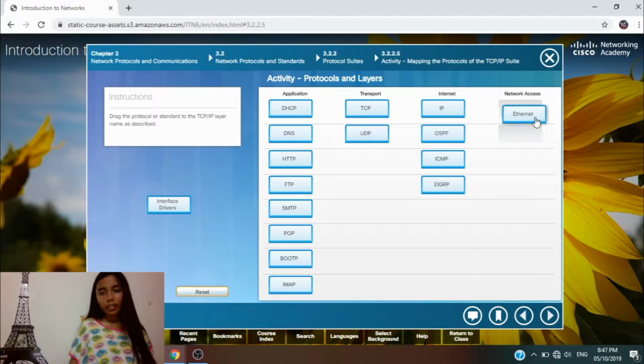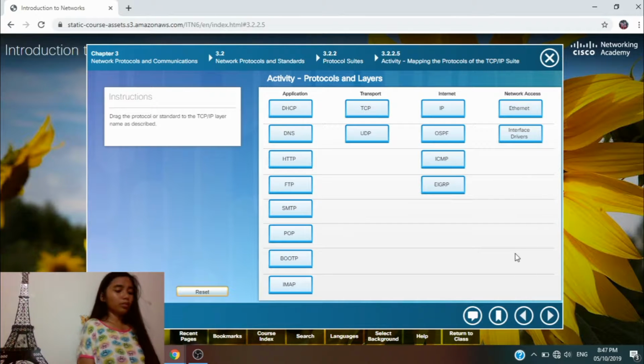We have the Ethernet and the interface drivers. So that's all for the usage of applications, the transport, the internet, and the network access.